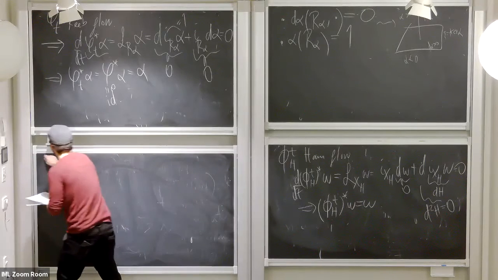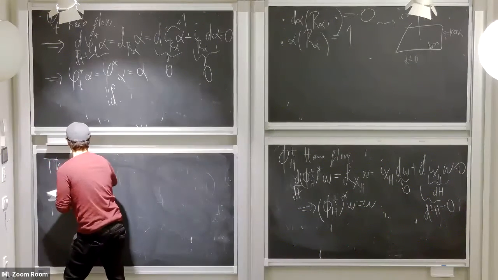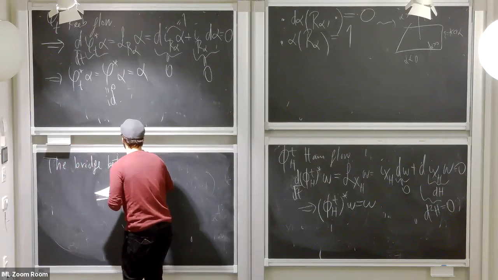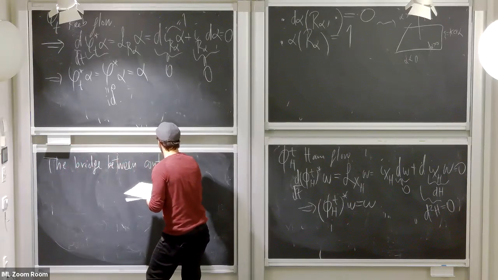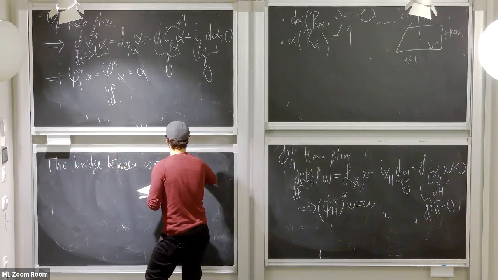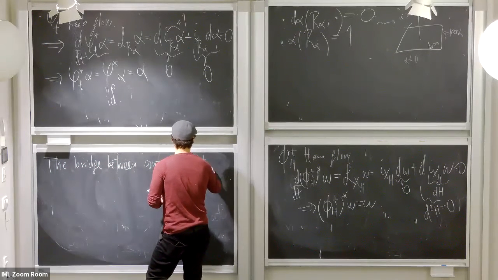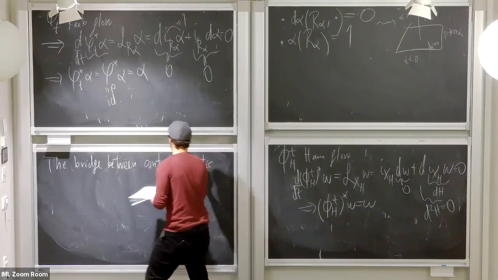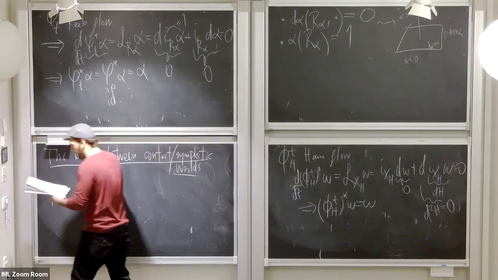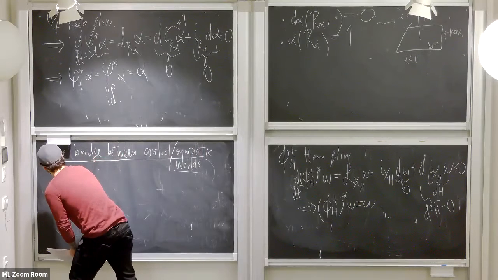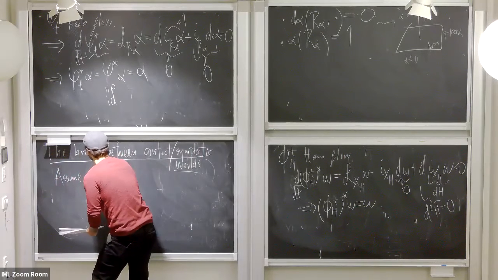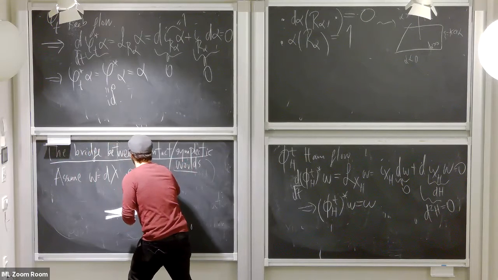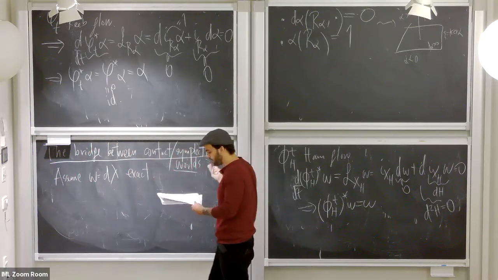So what's the bridge between the worlds? The bridge between the contact and symplectic worlds is the following. Assume that omega is an exact symplectic form, so it's the derivative of some lambda.